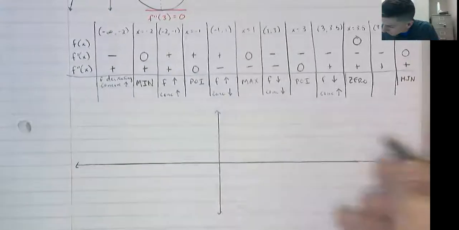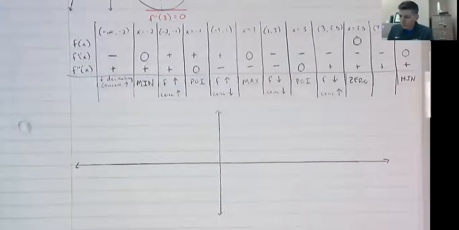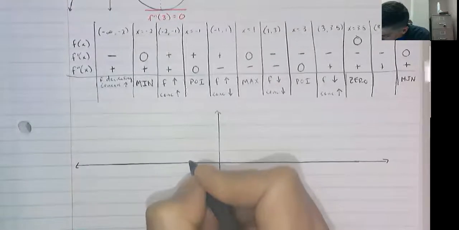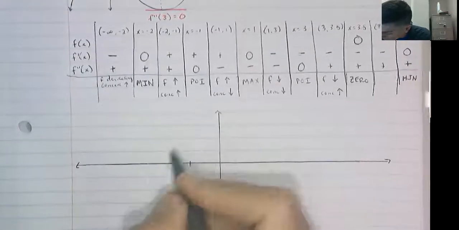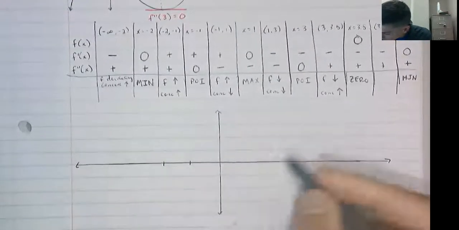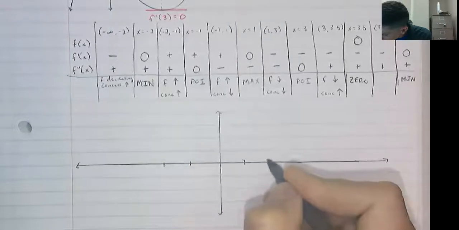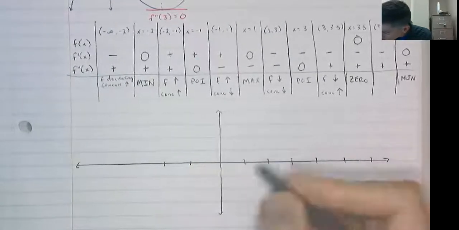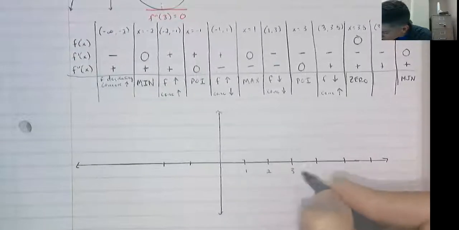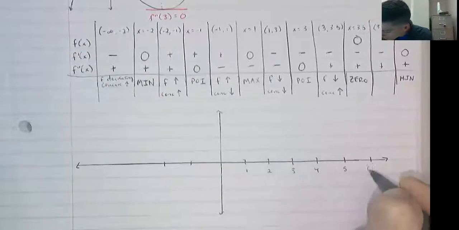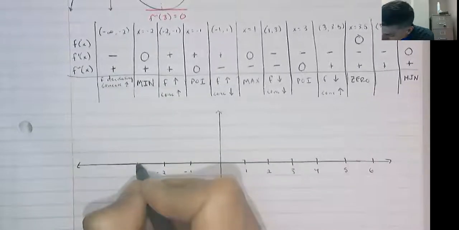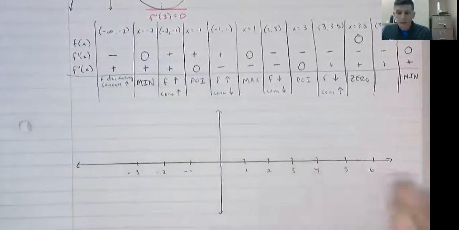Got it. We need to go from -2 to +5. Actually, +6. One, 2, 3, 4, 5, 6. -1, -2, -3. Got it.